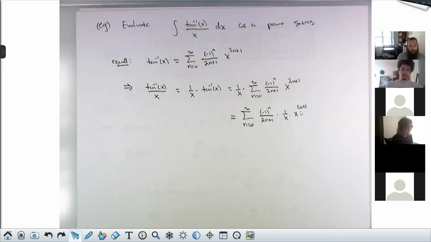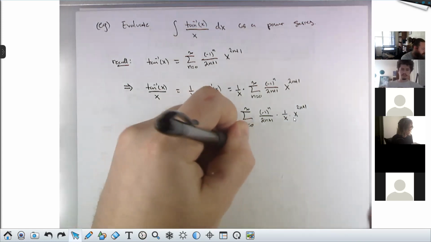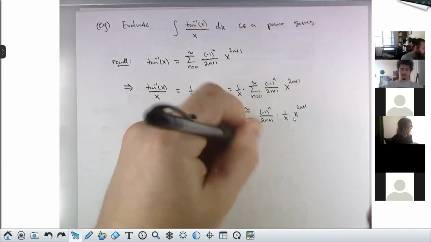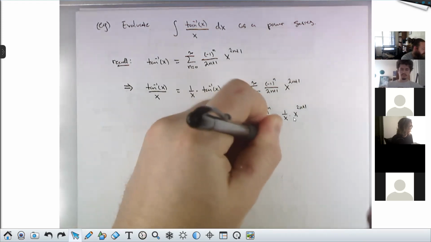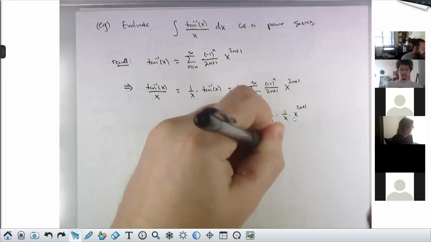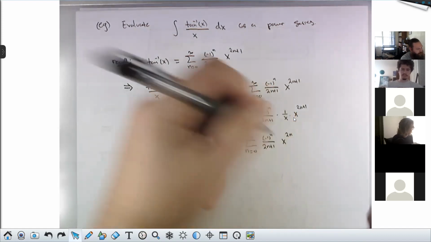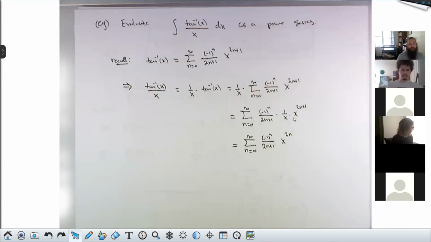So you subtract the powers, right? We've talked about this algebra stuff a few times because this sort of thing showed up back with ratio test work. That gives me sigma n from 0 to infinity, -1 to the n over 2n plus 1 times x to the 2n. Right, like x cubed over x is x squared. X to the 5 over x is x to the 4. The power comes down by 1.